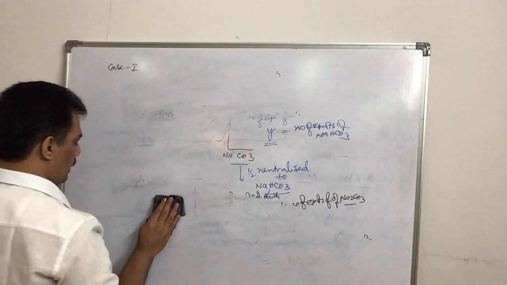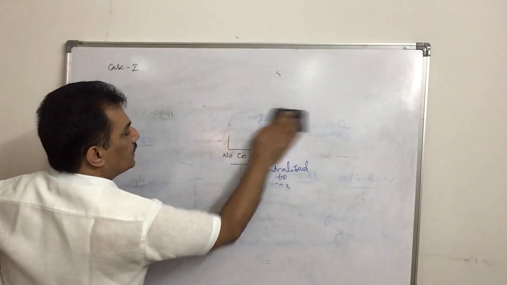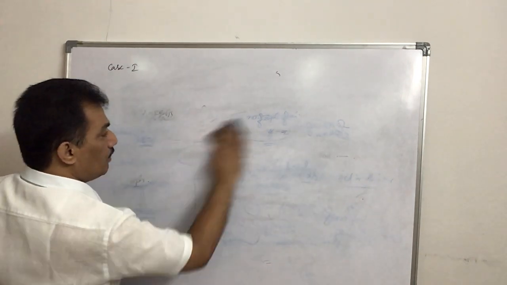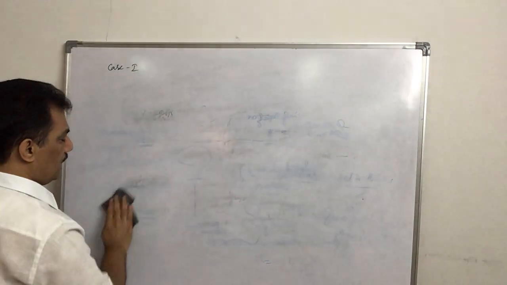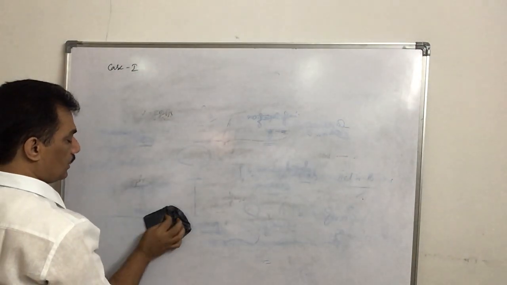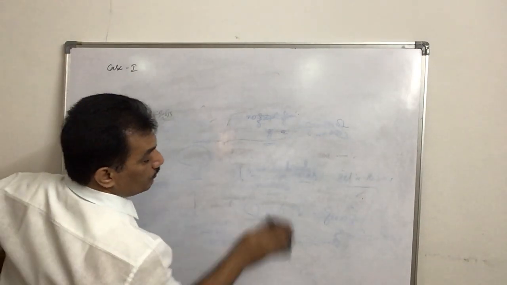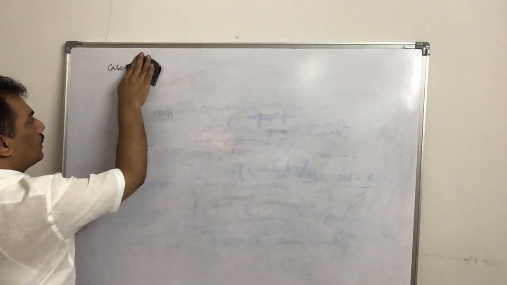When NaOH and Na2CO3 are both present, in the first titration, in the presence of phenolphthalein, all the NaOH is completely neutralized and Na2CO3 is half neutralized, giving NaHCO3. In the second titration, we get the other half of Na2CO3.